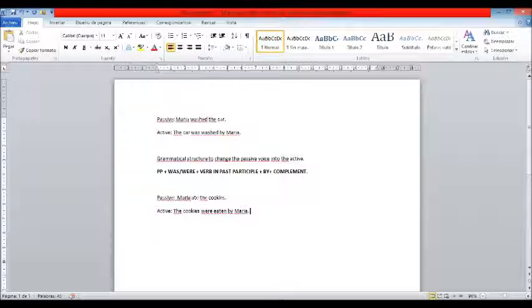En el ejemplo que nos dio la compañera, María se comió la galleta. Las galletas fueron comidas por María.